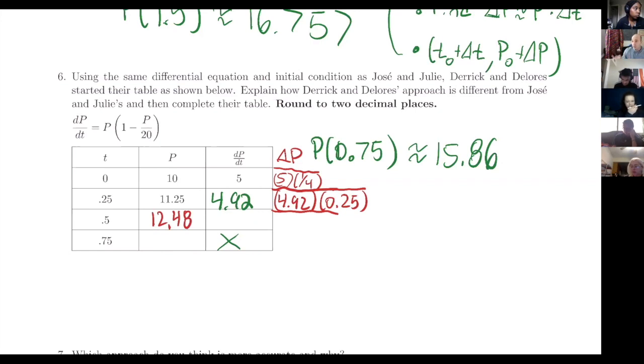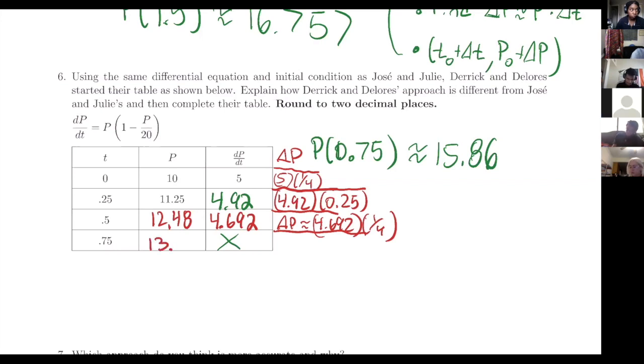And then we would use that value to update the slope, dP/dt, which comes out to about 4.7. You multiply that by 1/4, and that tells you what the next change is. That would put us at about 13.65.